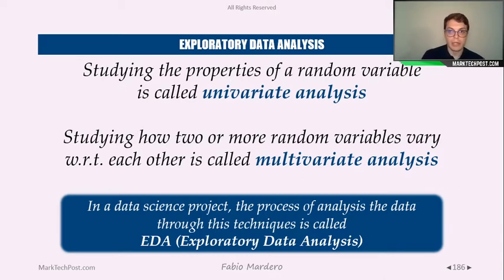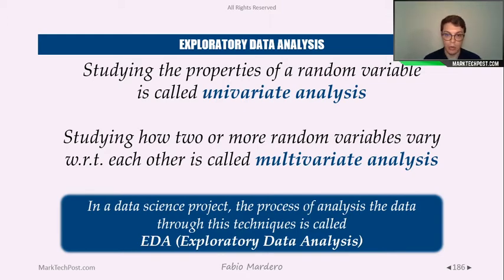Here we will cover a general introduction to how we can develop statistical tools to analyze data. This first introduction provides you 2 points of view. We can study a single random variable, a single column by itself, and this is called univariate analysis.